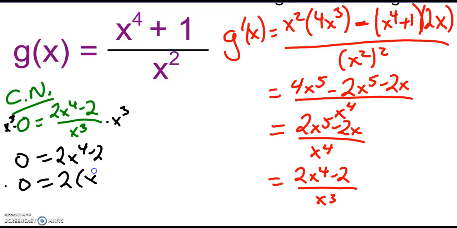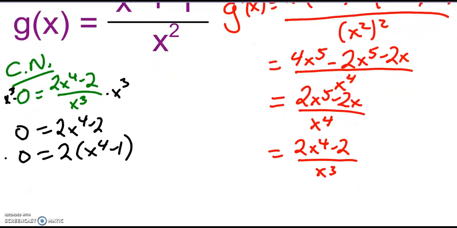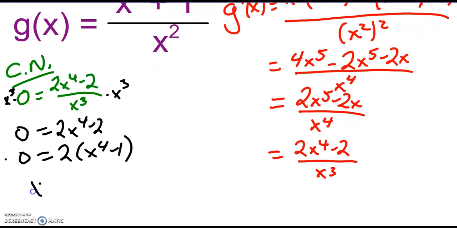And then you're just going to simply factor, set each one equal to 0 there. There's a couple different ways to do this one. You could do difference of two squares if you prefer, or again you could just set it equal to 0 and then take the 4th root of both sides. So in this case x would equal plus or minus 1.